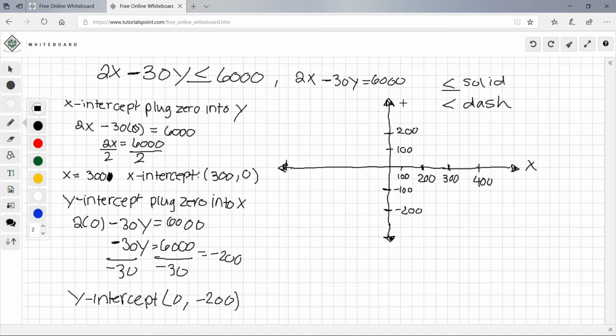This is the x-axis and this is the y-axis. Our x-intercept is 300 comma 0, so it's right here. And our y-intercept is 0 comma negative 200, so it would be right here. Now we can connect the dots, but this time it's less than or equal, so it's going to be solid, not dashed. Sorry for not making it straight.